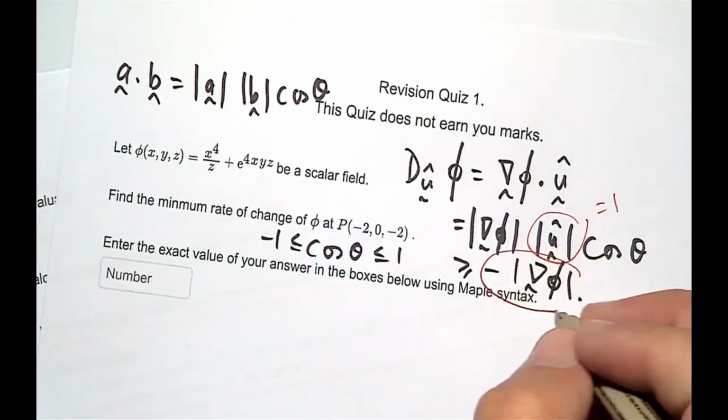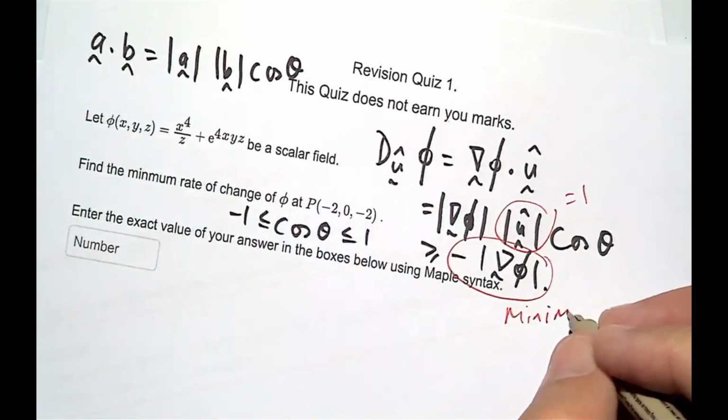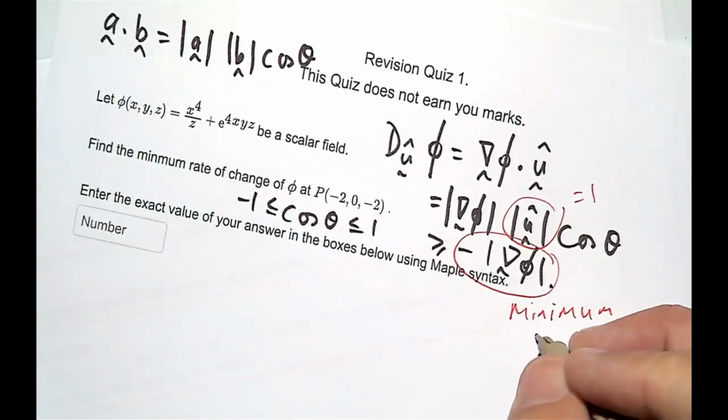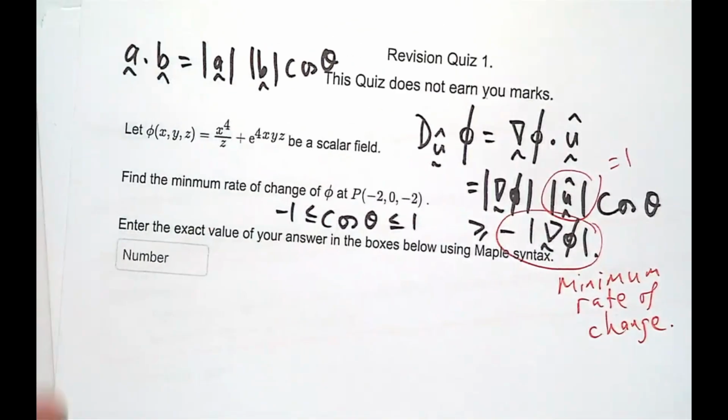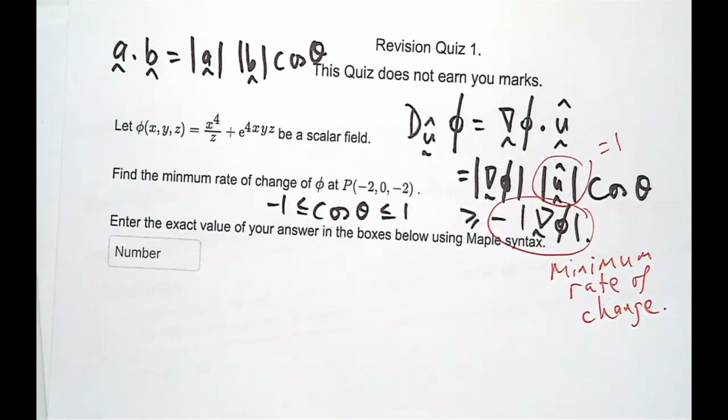That is the minimum slope. I'm moving it around a bit, sorry. So if you ever forget this, if you don't know where to start, where is the u vector? You don't need it for this question. Just remember, dot product can be written as the product of lengths times the cosine of the angle.